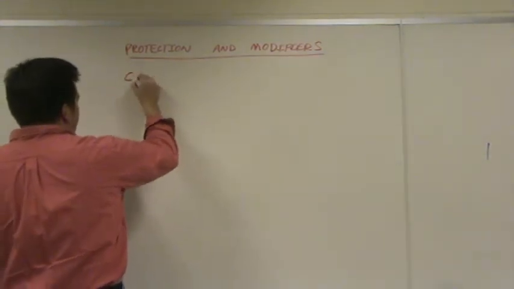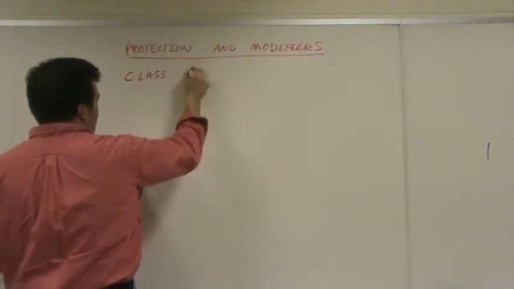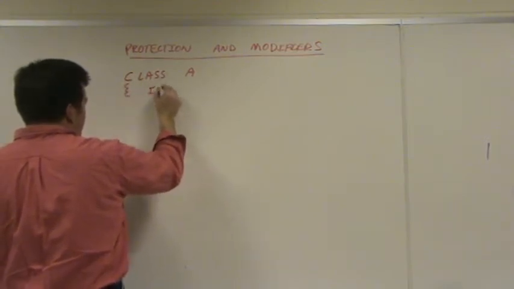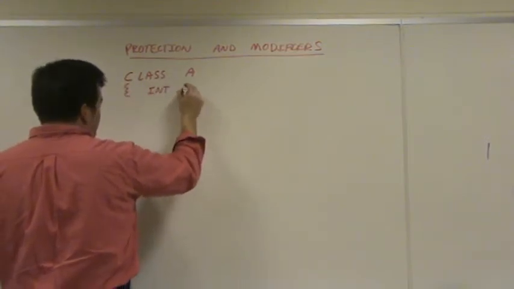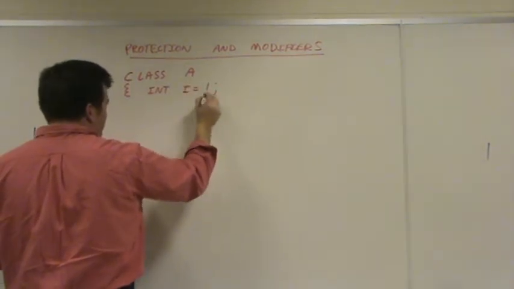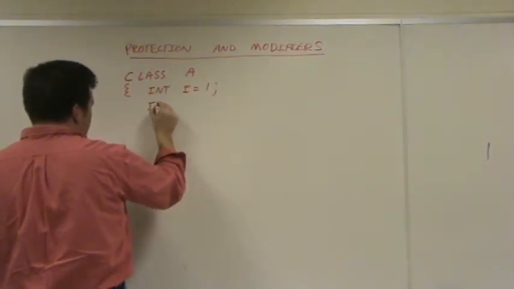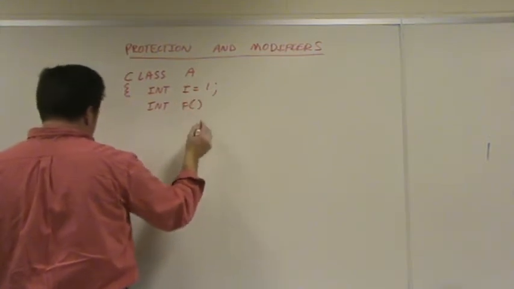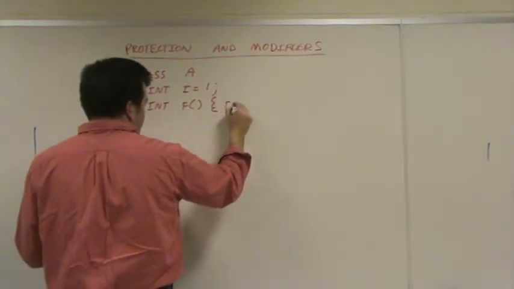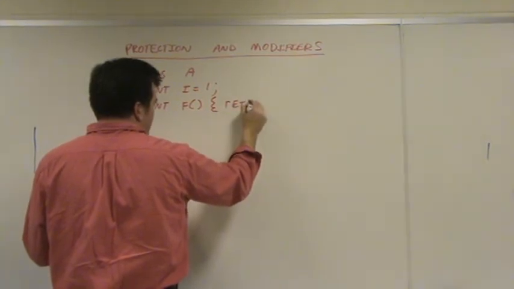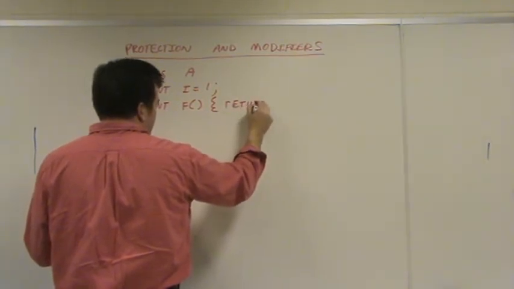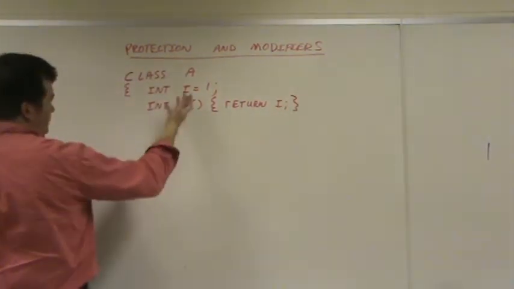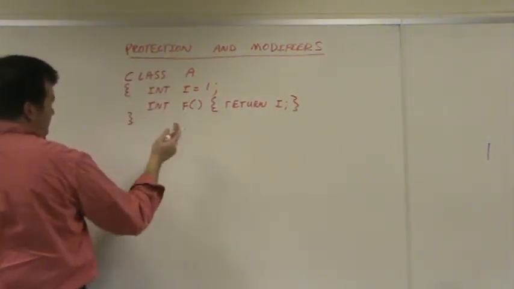So we have a class called A, which has an integer I equals 1, and then an integer function, a function that returns an integer called f. And what it does is it returns I. So if the value is 1, it'll return a 1.